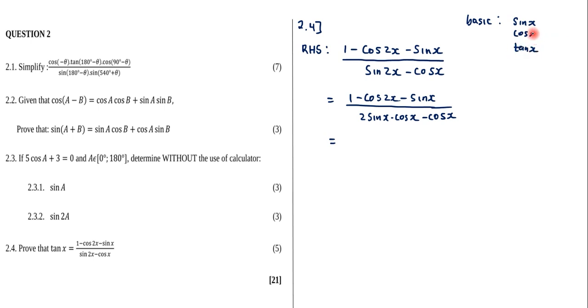Because those are the original trig ratios. When you talk about functions, we call them the mother functions. So that's how we discover them as the basic ones. Now here we have this double angle for cos, so we need to change it to a solution that has only sine.